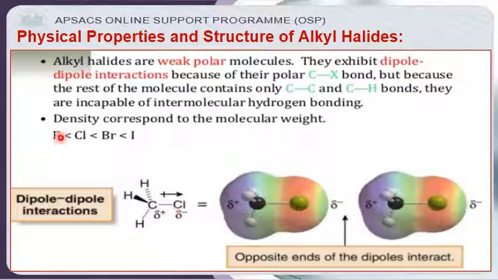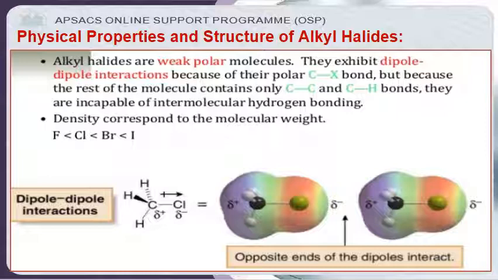The rest of the molecule that contains carbon-carbon and carbon-hydrogen bonds is incapable of intermolecular hydrogen bonding. Like this, carbon and halogen have partially positive and partially negative charges. So the dipole-dipole interaction is present between these molecules.